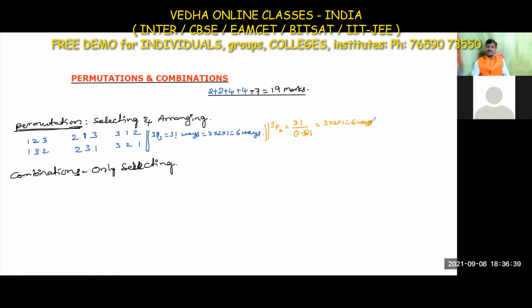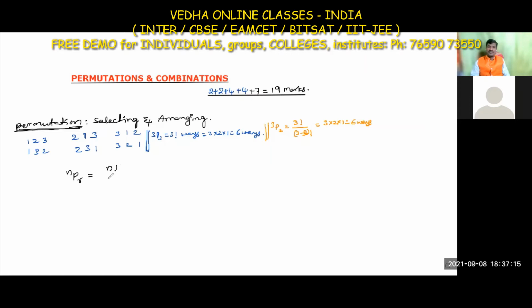So finally, what is the formula for permutation? For finding the number of permutations, we use the formula nPr: selecting and arranging, the number of permutations of n persons if we select r at a time. nPr ways are possible.